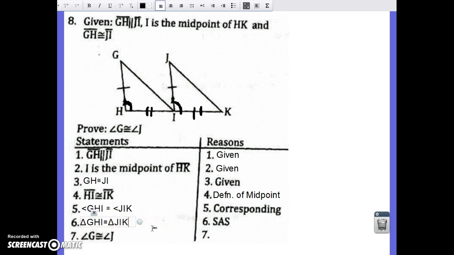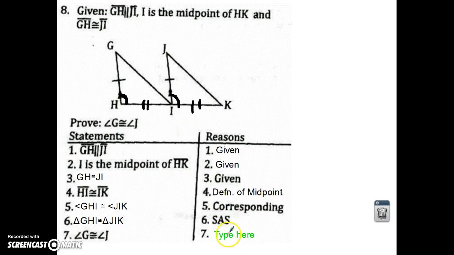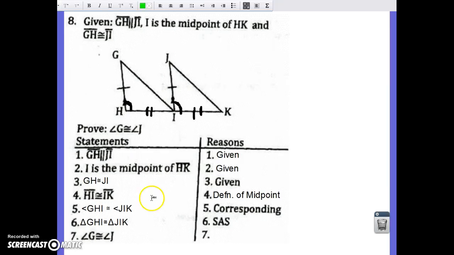Okay, if this is true, now lastly we can say that angle G has to be congruent to J. But what would be the reason for this? Some would say that the reason would be angle side angle. Yes, but no. Let's correct that. It wouldn't be angle side angle. It would be because you have two congruent triangles and its corresponding parts must be congruent.